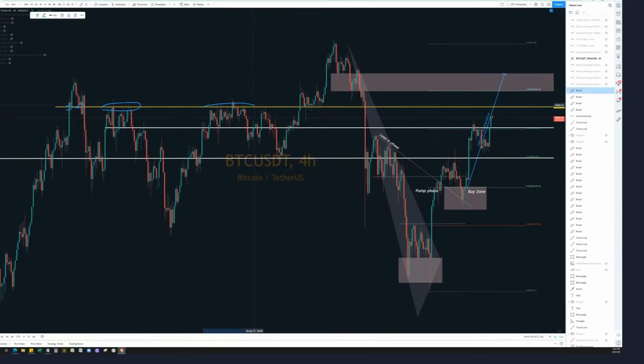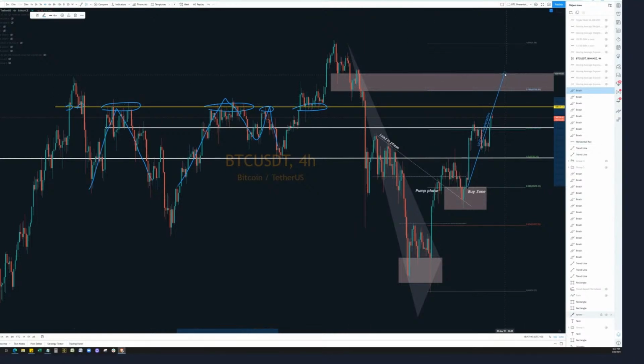Resistance there, resistance there, resistance, support, and in a big way, because when price came up, it was the one that stopped everything and went down. And when price came up again, it stopped it again. So this yellow line is the most significant resistance level out.